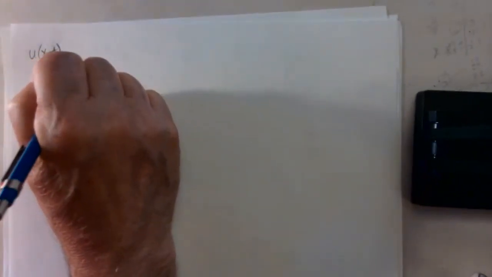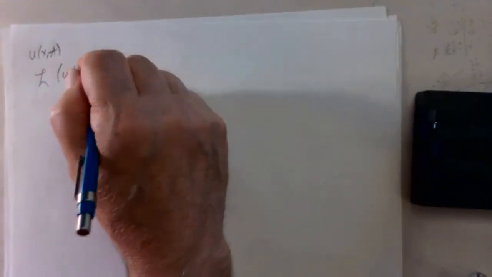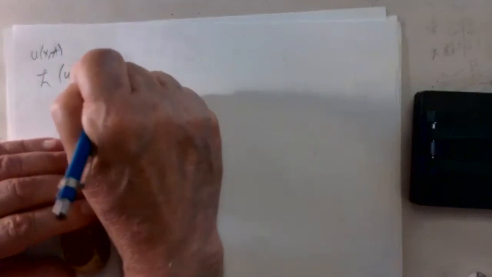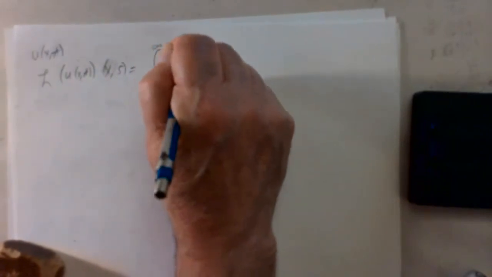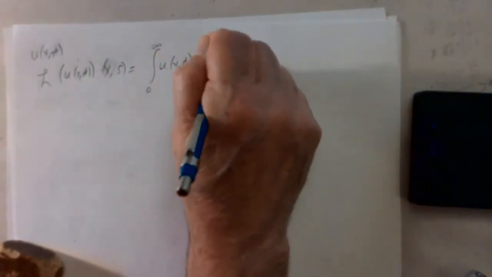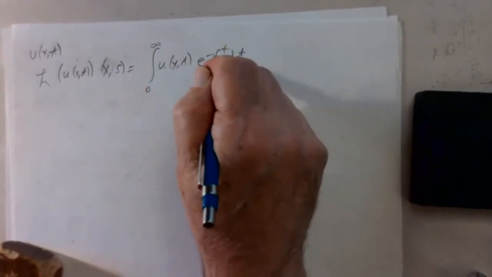And the Laplace transform of u of x and t, which will be a function of x and s, is again defined as usual: the integral from 0 to infinity of u of x, t times e to the minus st dt. So x is a parameter, and this gives us some function of x and s.